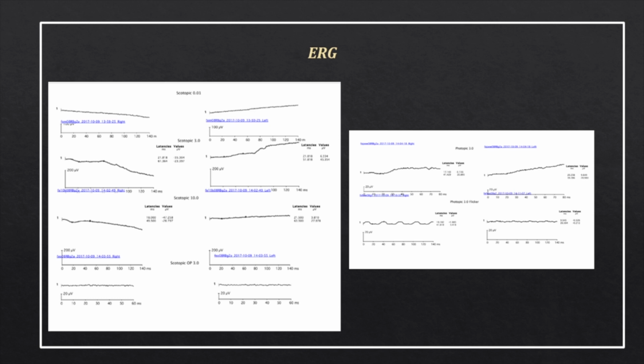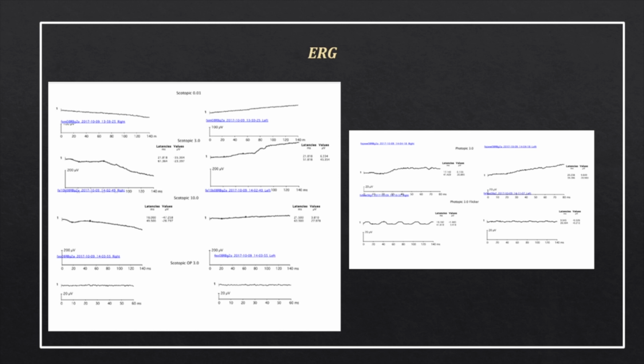Unfortunately, I don't have normative data for comparison for this ERG. The scotopic 10.0 again shows grossly reduced B waves, and the A waves are also reduced more on the left side. Similarly, for the oscillatory potentials and the photopic response, there is no obvious peak noted, more pronounced on the left side.